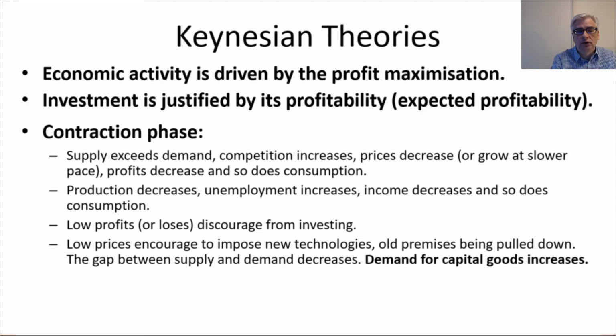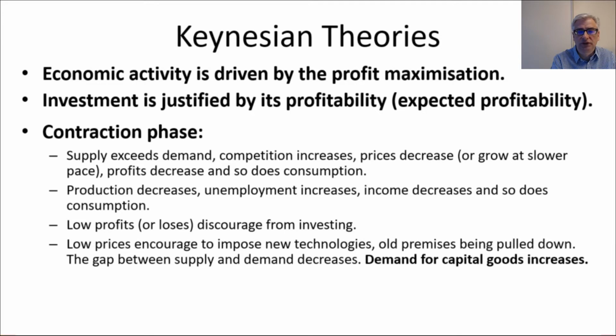The second cornerstone of the Keynesian theory on business cycle is investment. Investment is very important here. And according to Keynes, investment is justified by its profitability. As you remember, one of the major assumptions behind Keynesian macroeconomic equilibrium was that investment is autonomous.